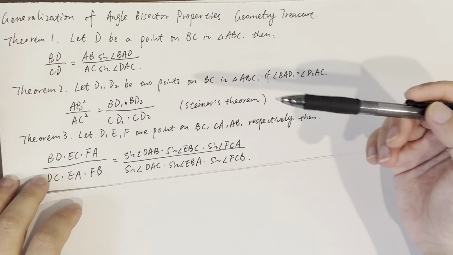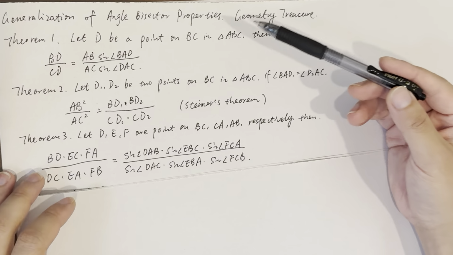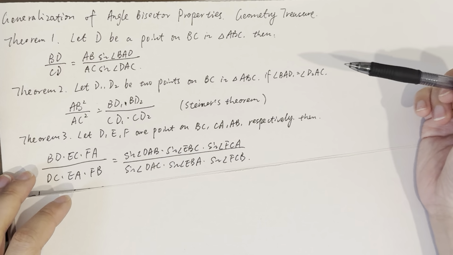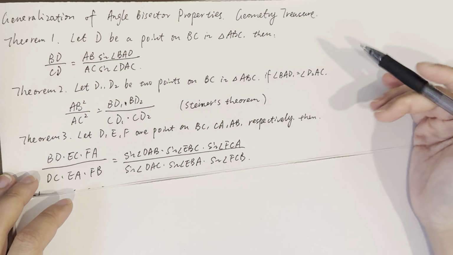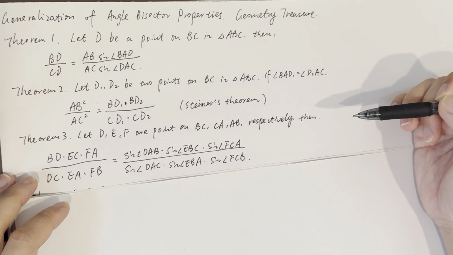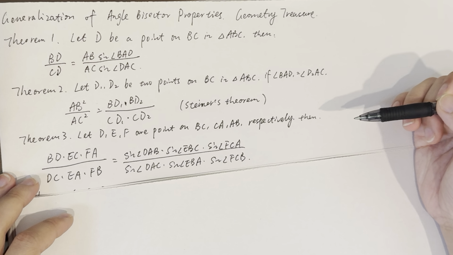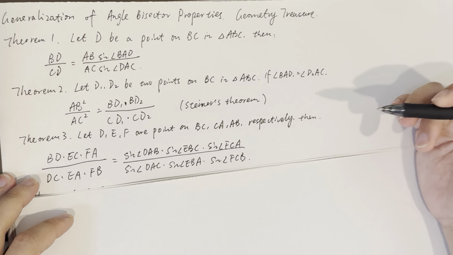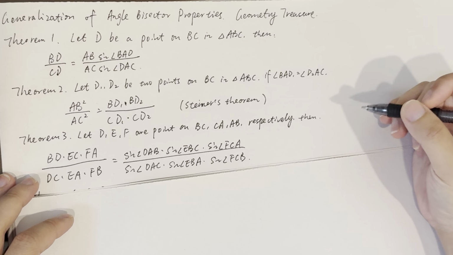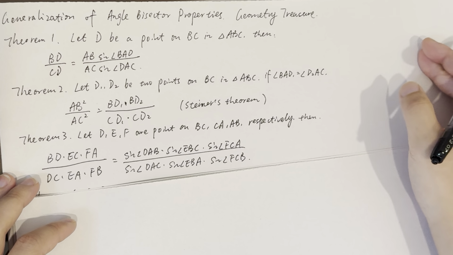I'll talk about the generalization of the angle bisector properties. That's the first part, and in the second part I'll talk about harmonic bundles, and then I'll talk about the Miquel theorem.